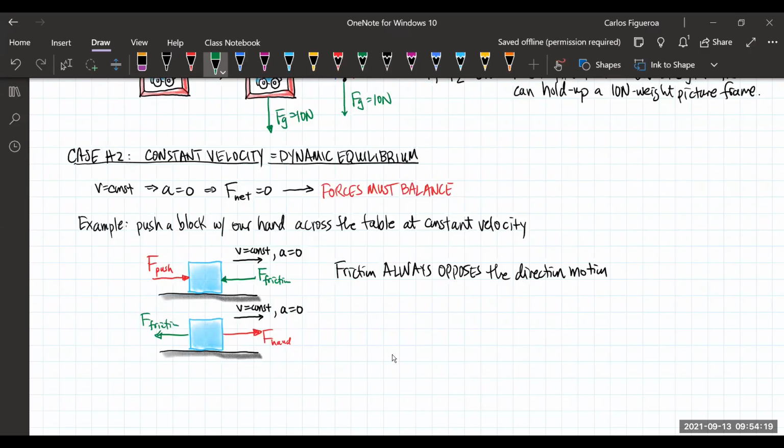And one of the things that we're trying to see here is that these guys must have the same length. So this immediately tells us that F net equal to 0 then implies that the force of my hand must equal the force of friction. In other words, we say that these are balanced forces.